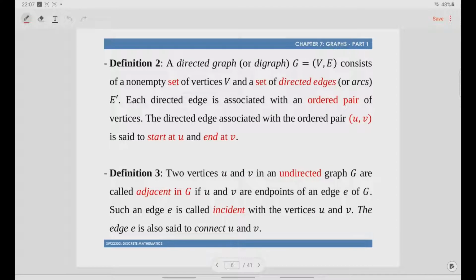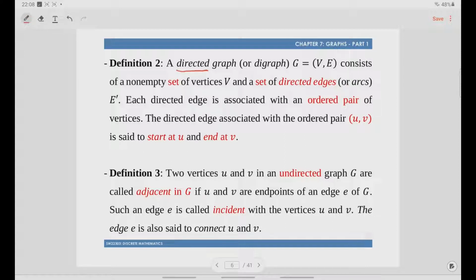Now we move to definition number 2, a directed graph. This definition is regarding the directed graph. A directed graph, or also sometimes called a digraph, G equals (V, E), consists of a non-empty set of vertices V and a set of directed edges. The first part is similar to the ordinary graph, consisting of a non-empty set of vertices.